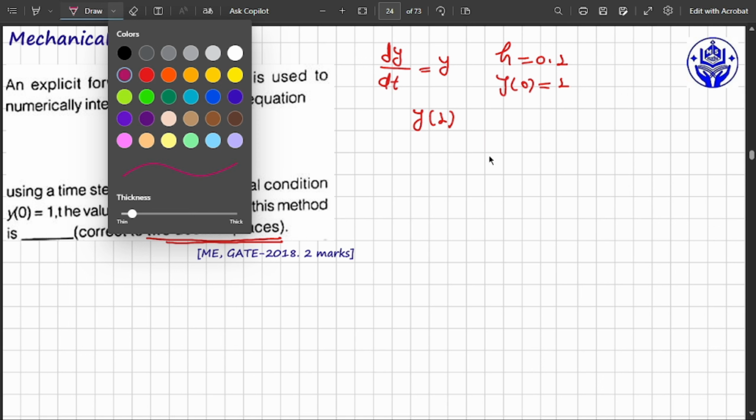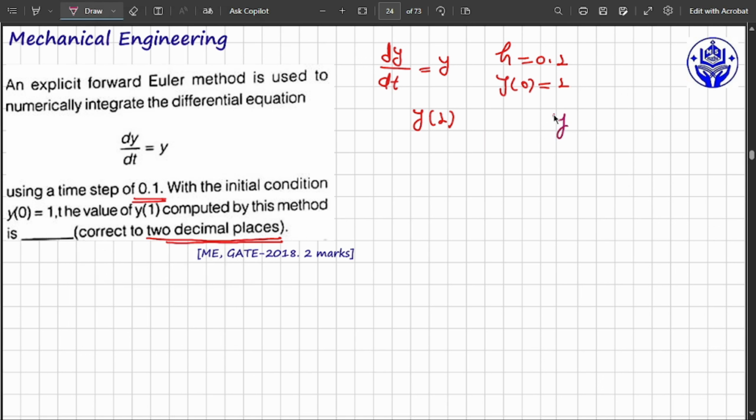Okay, let's start. What is the formula for Euler? y(n+1) equals yn plus h into f of (t, y).